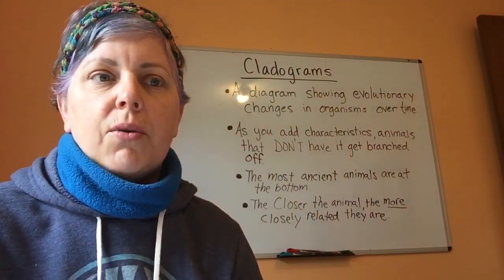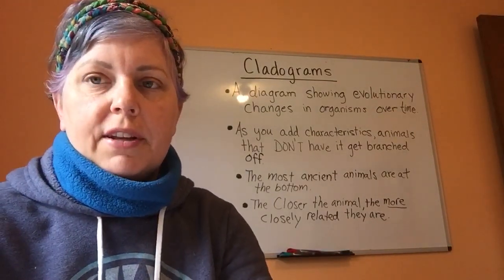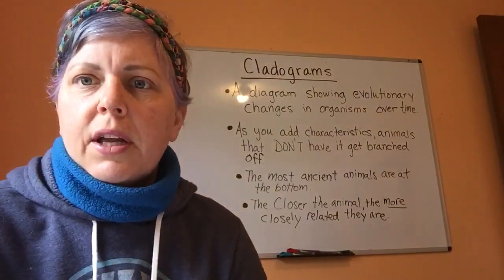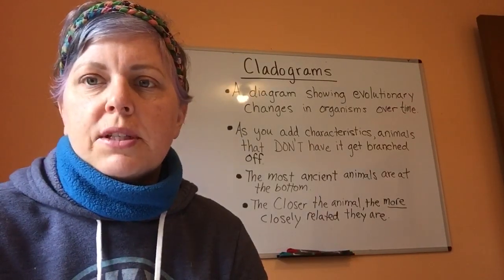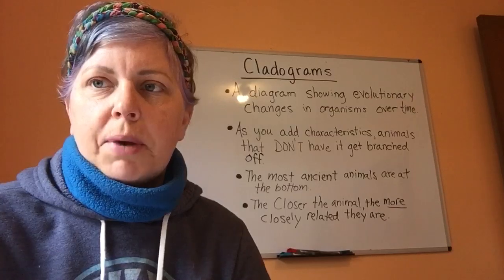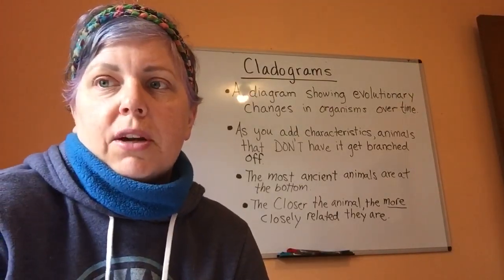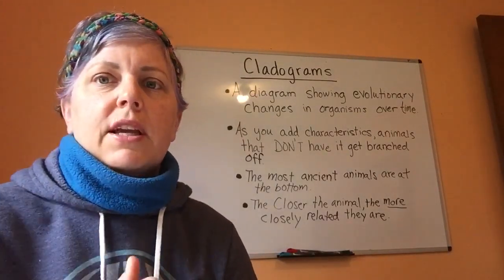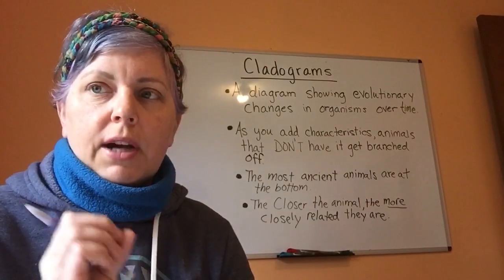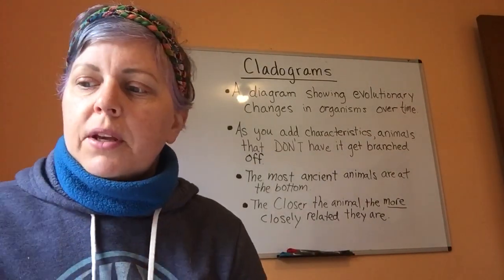It can't go above a characteristic if it doesn't have it, and I'll explain that a little bit better. Usually you'll see that the most ancient animals are at the bottom of the cladogram. You branch them off first because they have the least amount of characteristics. And lastly, the closer that the animals are to each other on the cladogram, the more closely related they are.